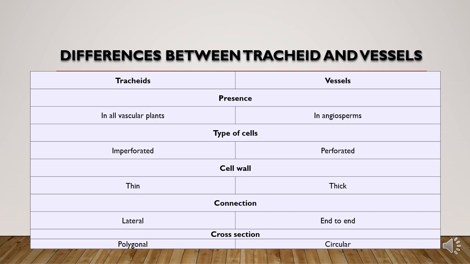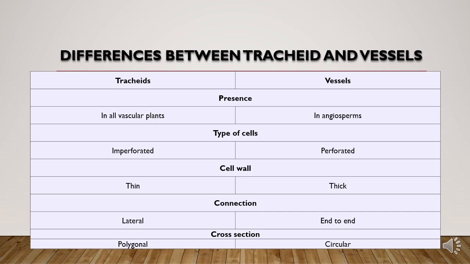So now we also need to know the types of cells. The cells in the tracheids are imperforated, whereas the cells in the vessels are perforated. We also need to discuss their cell wall.